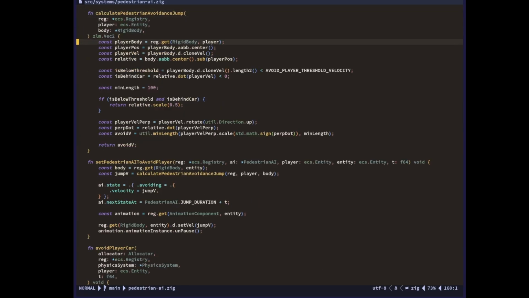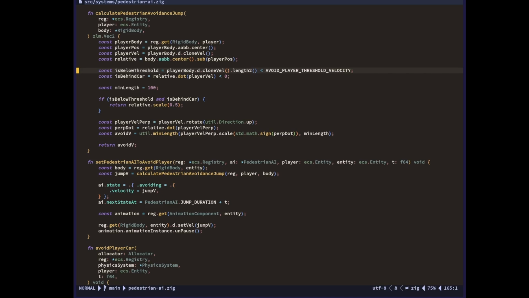This is basically what I drew up in the diagram, but in code form. First we are grabbing some stuff from the player: the player body, position, velocity. And then we calculate the relative position from the player car to the pedestrian. We take the pedestrian position and subtract the player position.